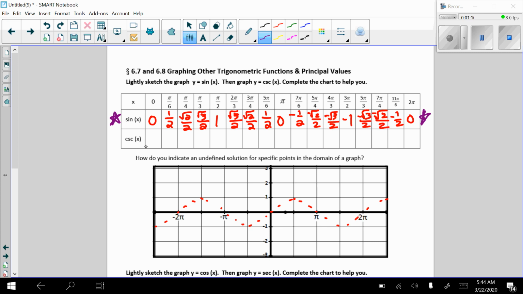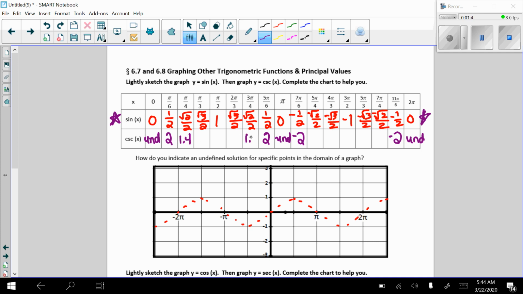Now for the values of cosecant, remember that's the reciprocal of sine. So any number over 0 would be undefined. So all of the reciprocals of zeros are undefined. The reciprocal of 1/2 is 2. So I'm going to go ahead and fill in with all of these 2's and negative 2's. The reciprocal of root 2 over 2 is 1.4.